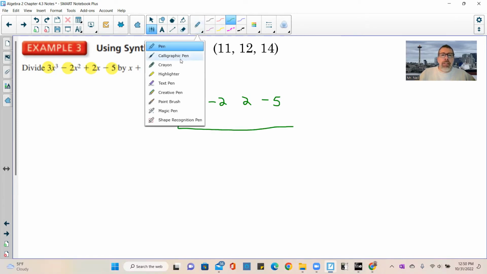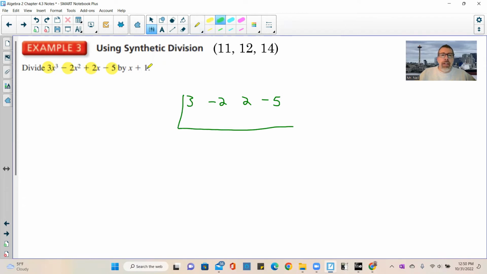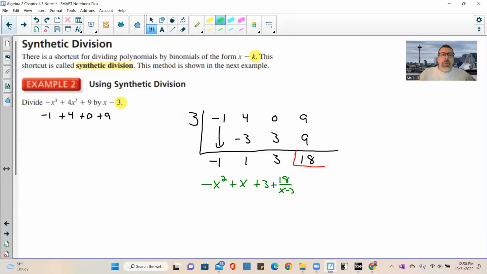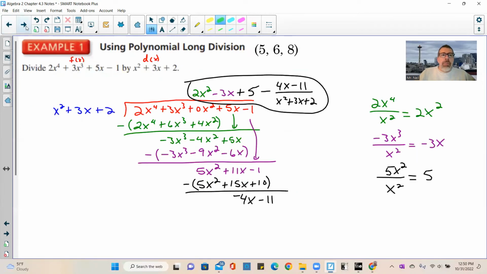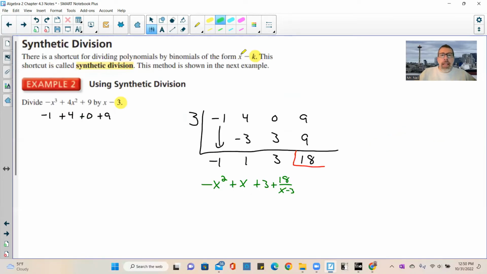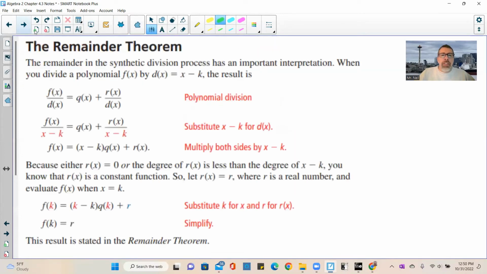And in this case, get my highlighter again. Okay, remember we are doing, let me go back a couple. x minus k. Let me bring that over to this example here.